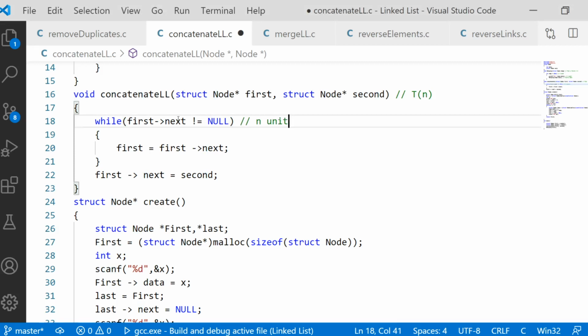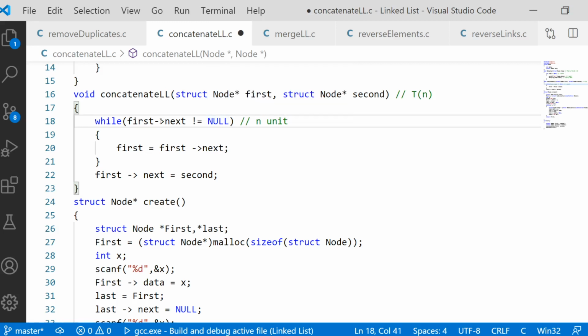If this condition is checked one time, it is 1 unit. If the same condition is checked n times, it is going to take n unit time. Now, when the condition is checked n times, definitely one time it will be a failure condition. So only n minus 1 times will I enter inside.